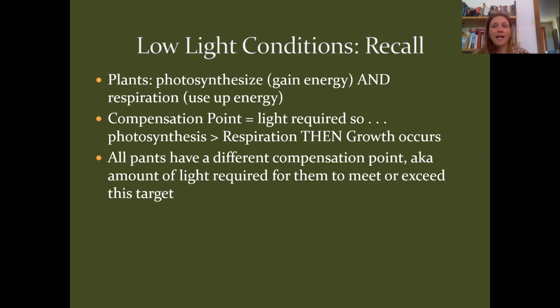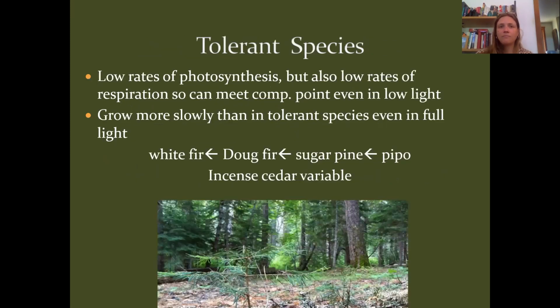And then other plants have kind of a lower rate of photosynthesis that they're able to achieve even when light is present, but they don't have a very high background respiration rate, and so they can meet their compensation point even in lower light conditions.